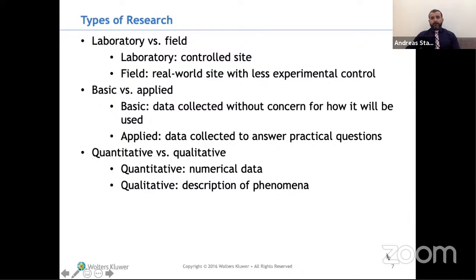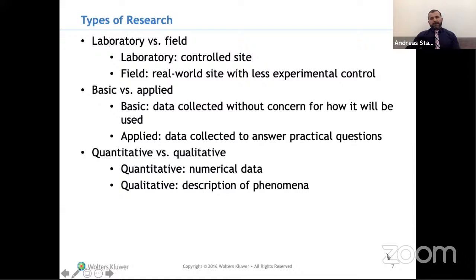So both of them are great. And in most cases, you can't have applied if you don't have basic. Okay, it's not that applied research is better than basic or basic is better than applied. We need both. And both of them, the way they're designed, answer different parts, maybe, of the same question.